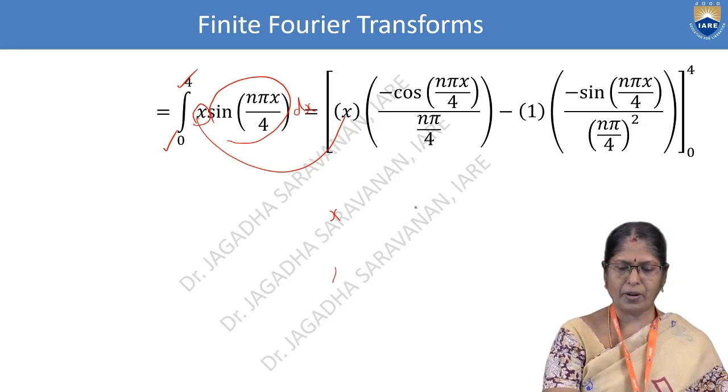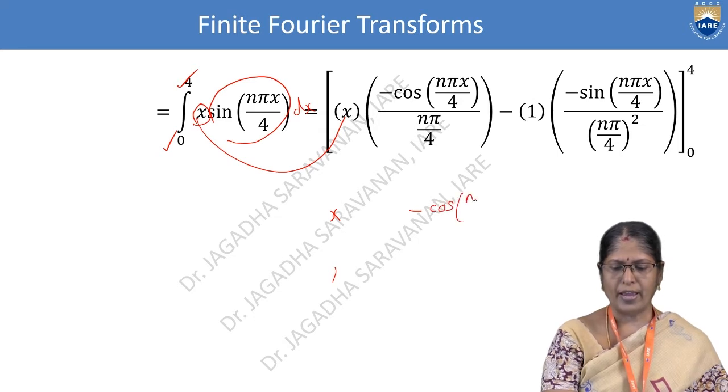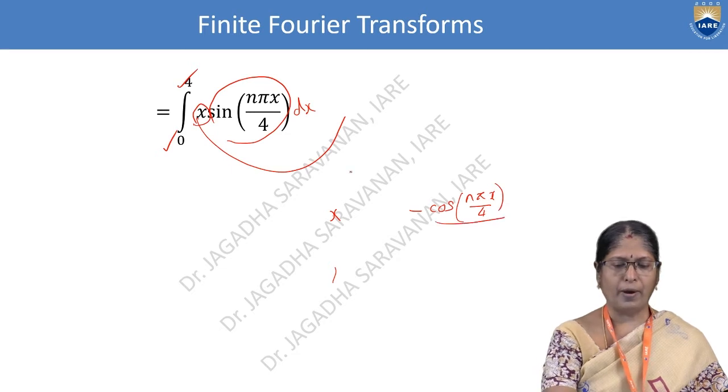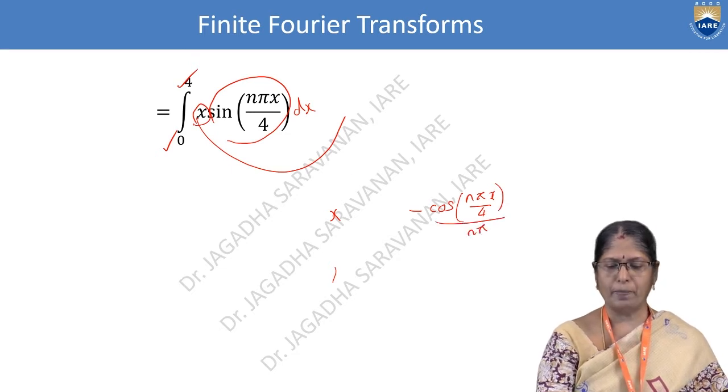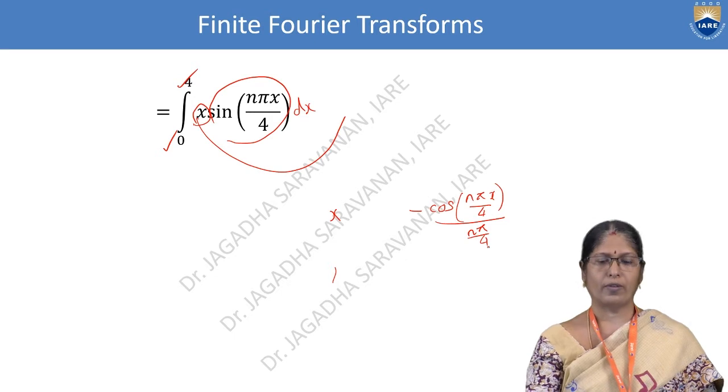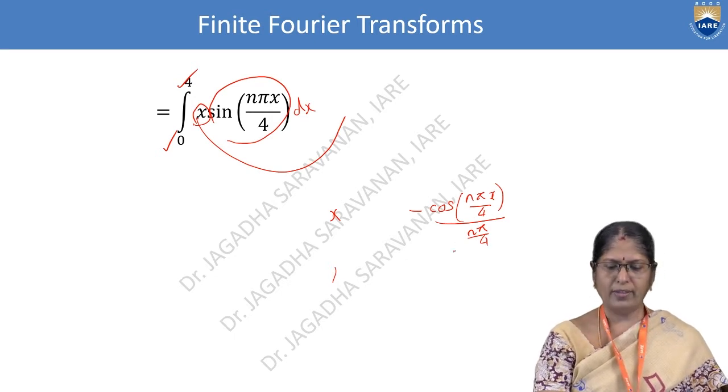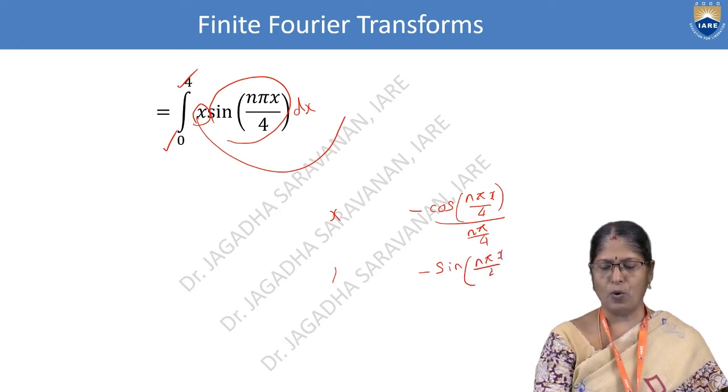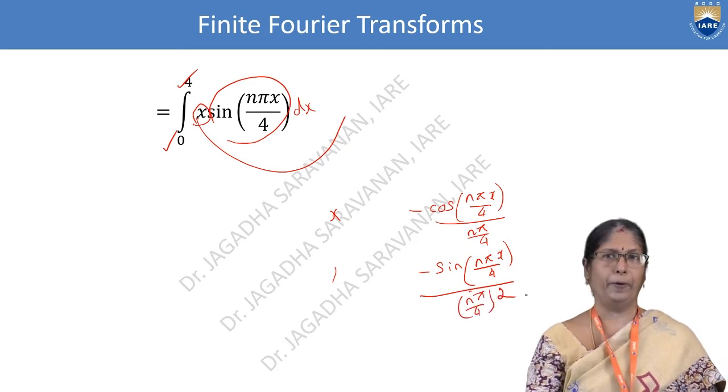The trigonometric part, I will integrate: cos of n pi x by 4 divided by the x coefficient, which is n pi by 4. Again I will integrate: minus sine of n pi x by 4 divided by n pi by 4 the whole square.